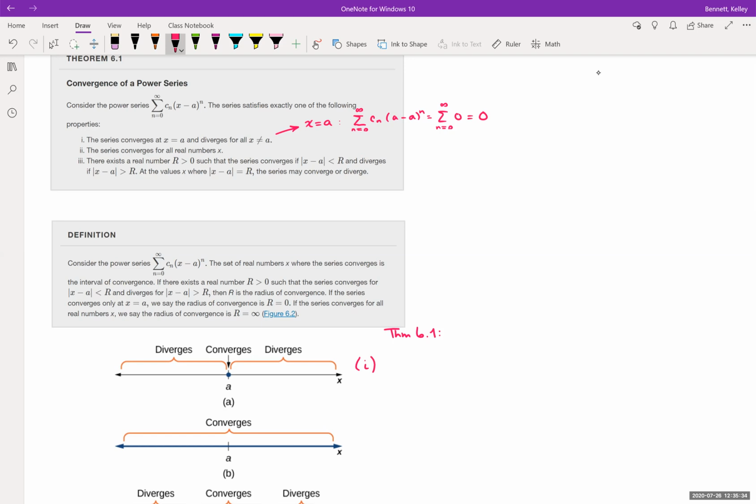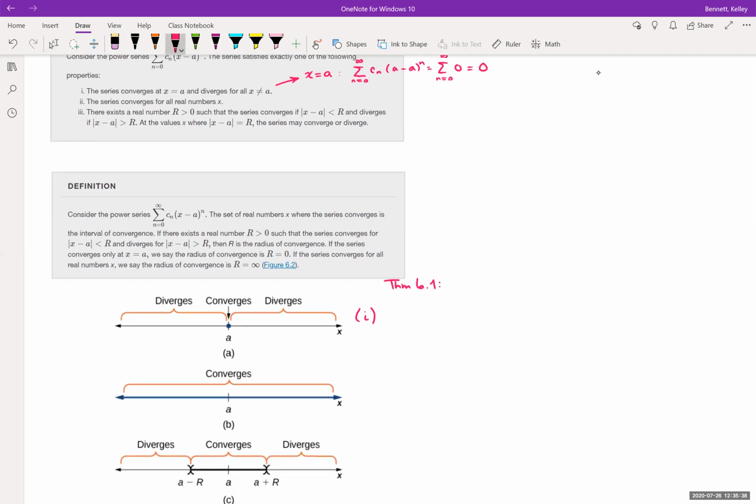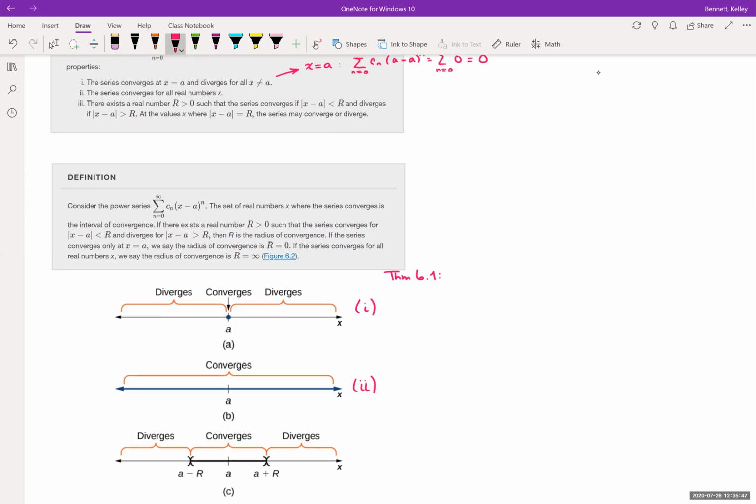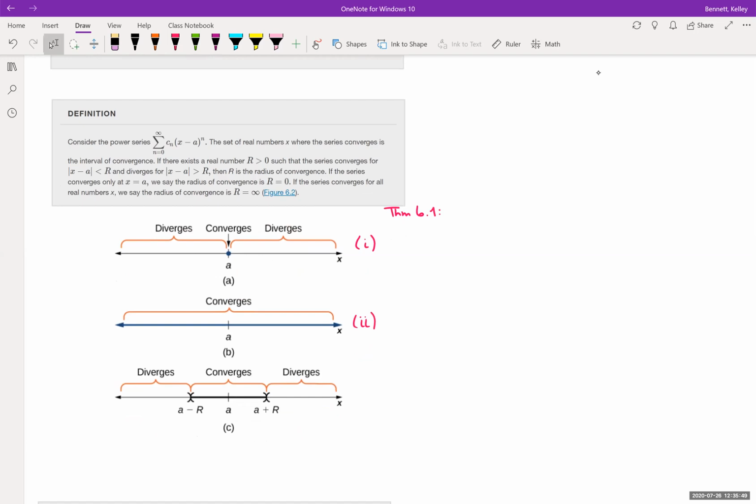So there's just one point where this series will converge. In the second figure, we said that it would converge for all real numbers x. And then in the third case, we said that it would converge on a certain interval about a.